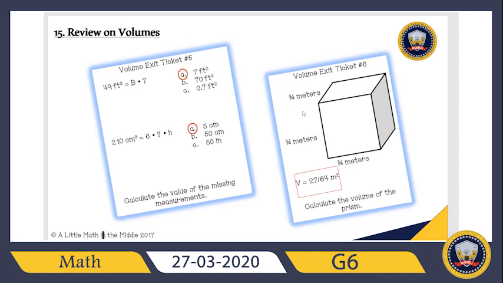So let's start from numerators. 3 times 3 times 3 is 9 times 3, which is 27. The denominator is 4 times 4 times 4. 4 times 4 is 16, times 4 is 64. So my volume is 27/64 meters cubed. This should be cubed, not squared, okay?